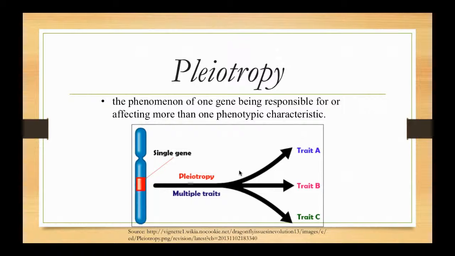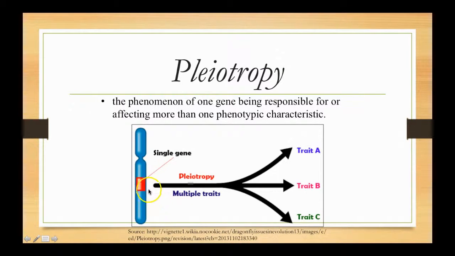If the gene has a mutation, it ultimately affects all of the phenotypes that the gene was controlling. It's a trickle down effect, pretty much a domino effect. As the gene gets mutated, so do the traits that it is controlling.